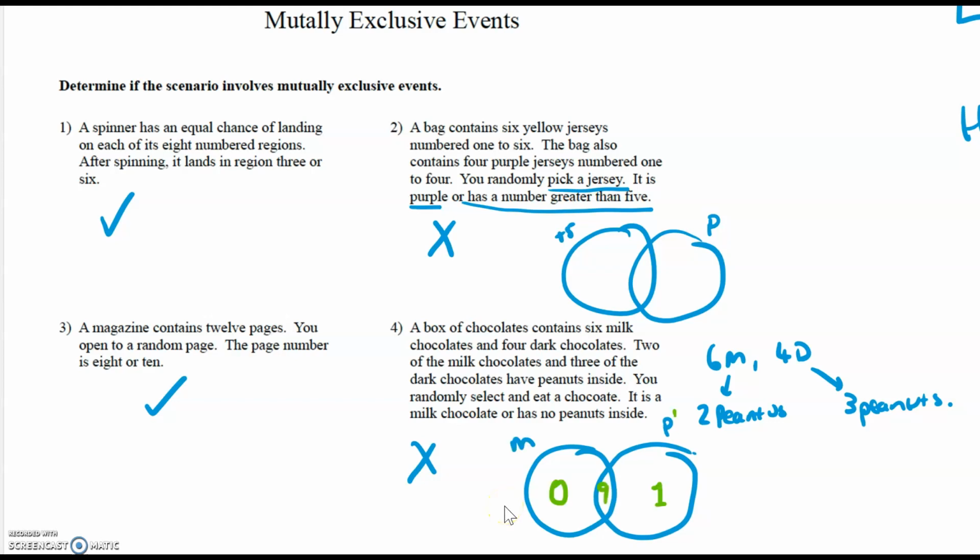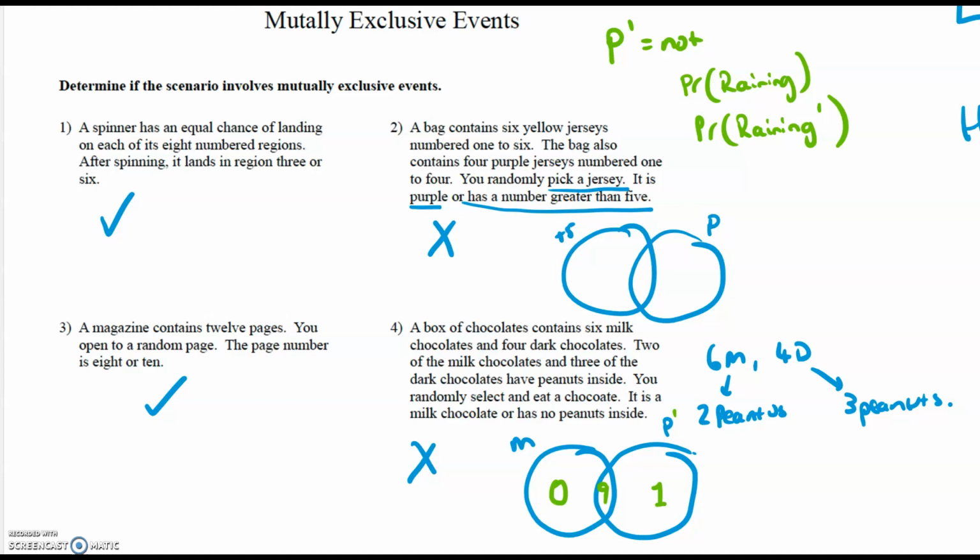Your Venn diagram would look like this one. So we've got milk chocolate and, sorry, I think I said peanuts inside. It's no peanuts inside, so no peanuts there. And again, just when you're doing probabilities, be really careful that if you've got an event with a dash, that just means not that event. So for example, if you're looking at whether it rains, the probability of it raining on any day, we would write the probability of it not raining as raining with a dash.